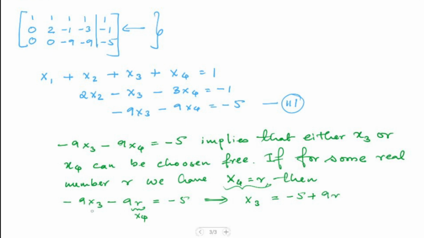Then minus 9, which multiplies x3, will go and divide the whole thing. So here you have minus 9, and this is equal to, if we solve it, 5 over 9 minus R. So x3 is equal to 5 divided by 9 minus any real number R.